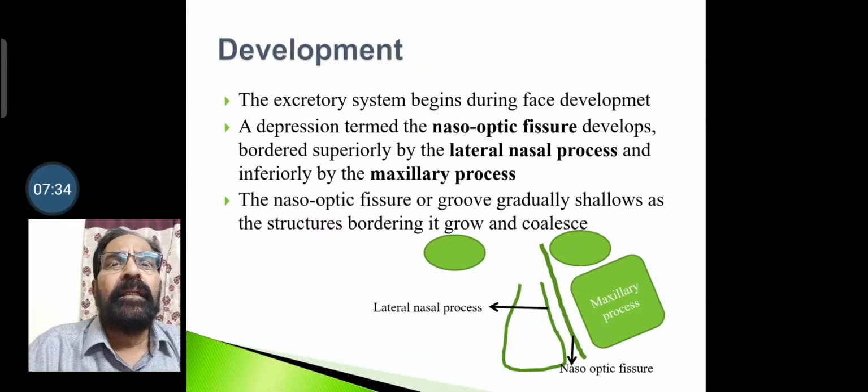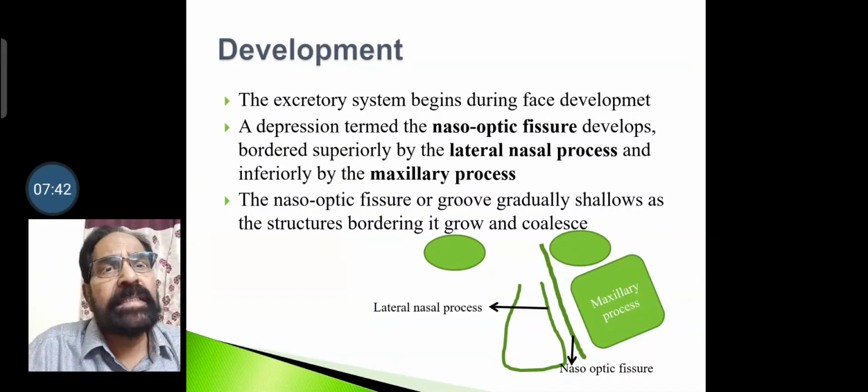So a depression termed the naso-optic fissure develops, and this is bordered on one side by the lateral nasal process and on the other side by the maxillary process. This naso-optic fissure or groove gradually shallows as the structures bordering it grow and coalesce.